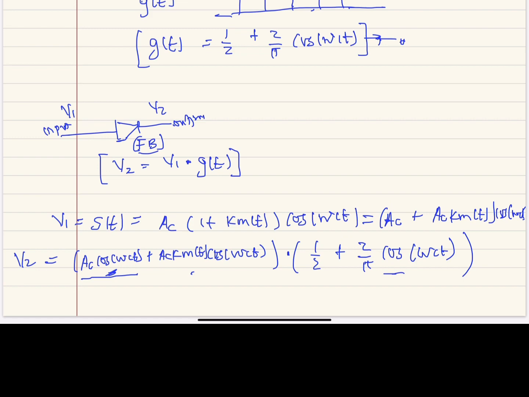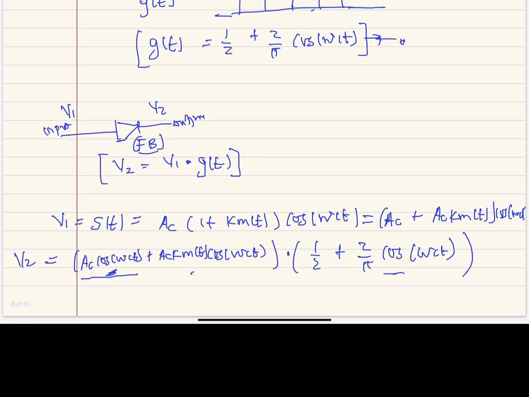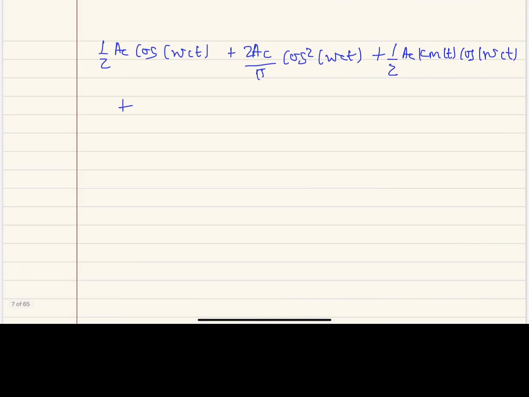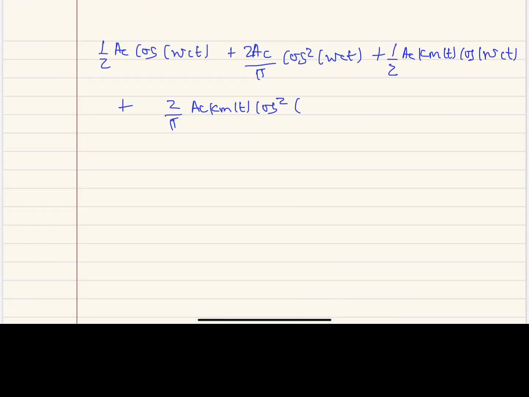Ac km(t) multiplied by 1/2 gives plus 1/2 Ac km(t) cos ωct, then plus this same thing multiplied by 2/π gives 2/π Ac km(t) cos² ωct, because this one is a cos multiplied by a cos, so we get cos squared. Now this is the output of the diode.